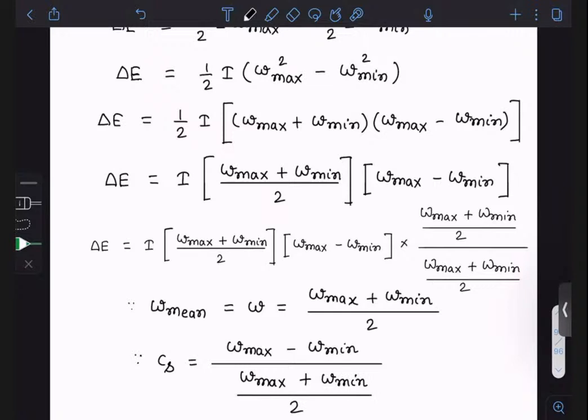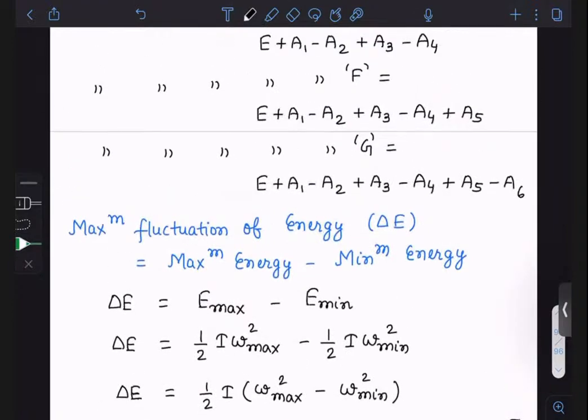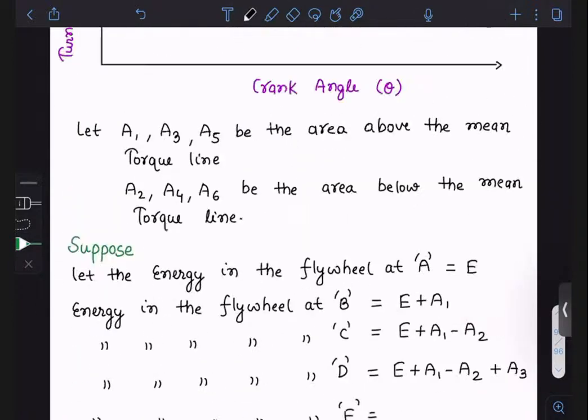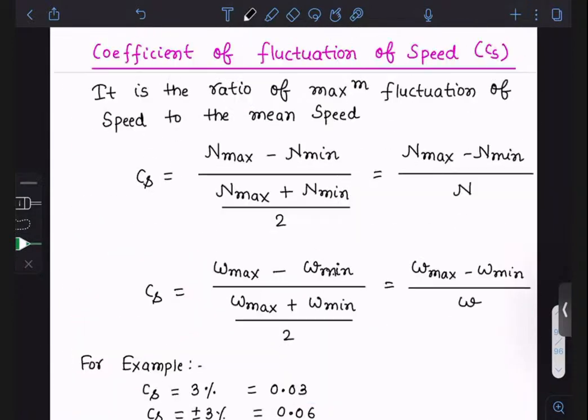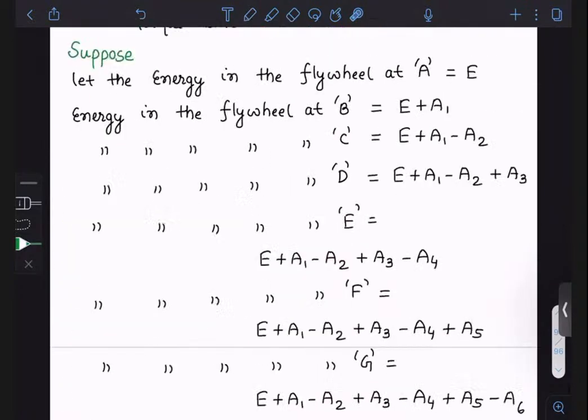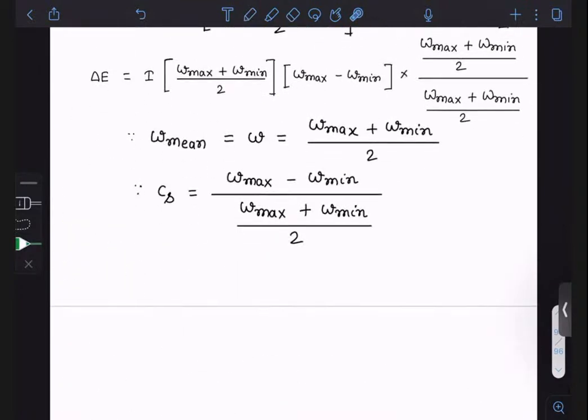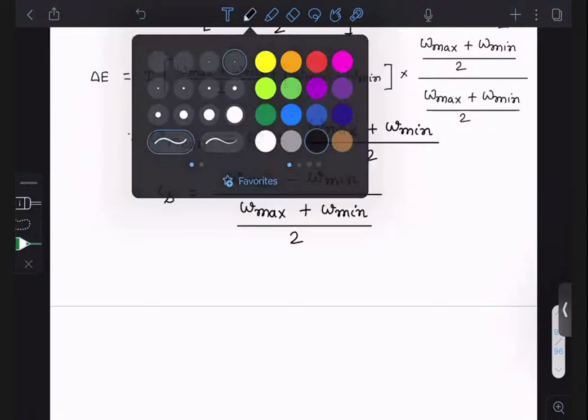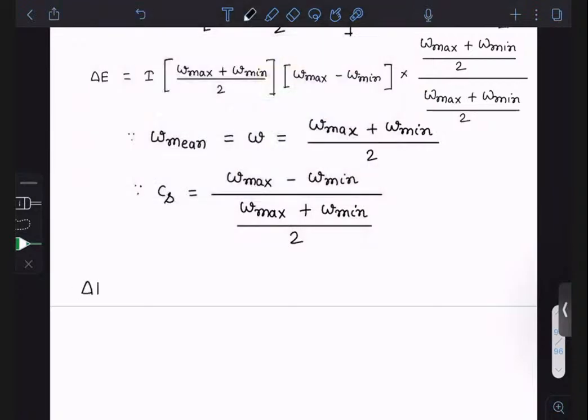See, omega max plus omega min by 2. CS I have discussed, right? This is the CS: omega max minus omega min upon omega max plus omega min by 2. Now see everyone. This is omega mean, always remember.